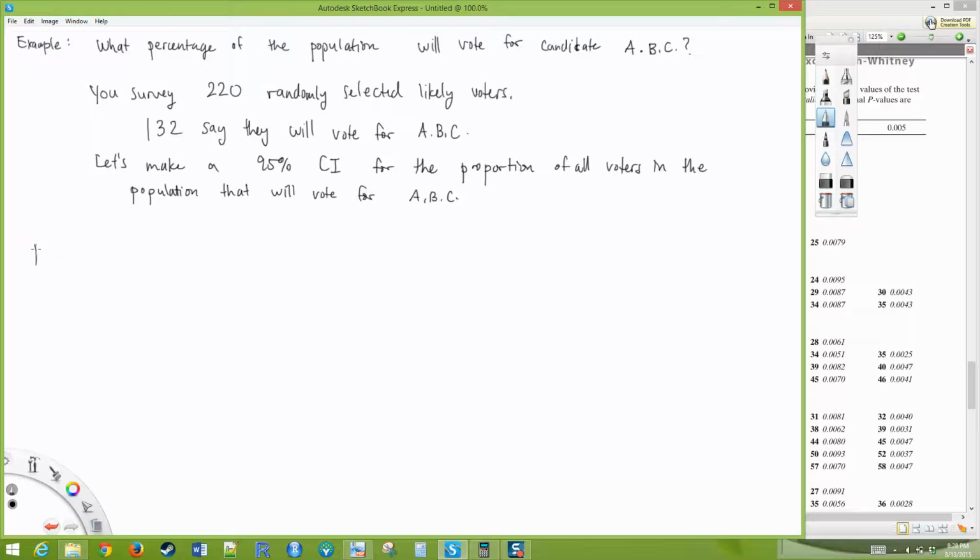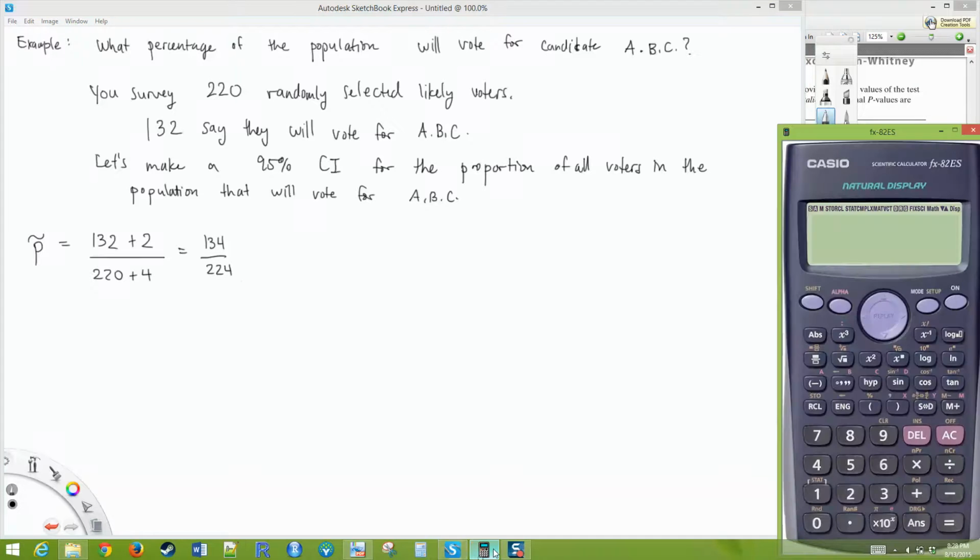In our case, our Wilson adjusted sample proportion is 132 plus 2 divided by 220 plus 4. I get 134 over 224, and that is 0.5982.